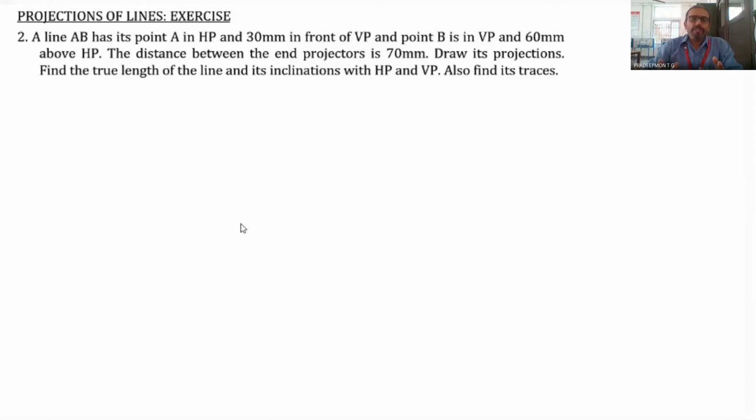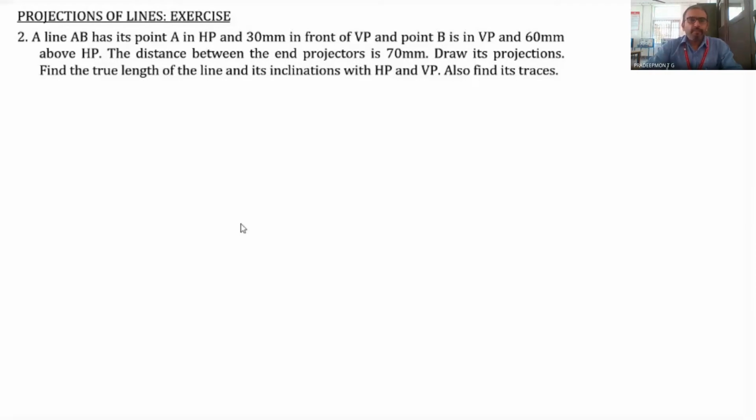So all these things that we discussed in the previous example are given here also. That is the position of A as well as the position of B and the distance between end projectors. The only difference is the values given are slightly different. So just note down the question and then we can solve it.